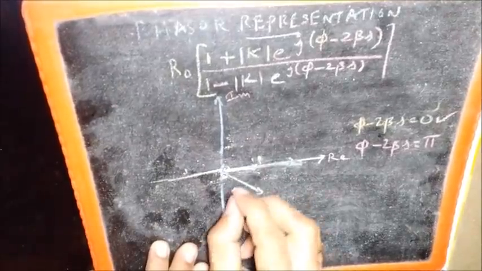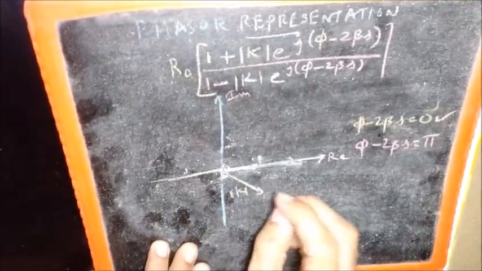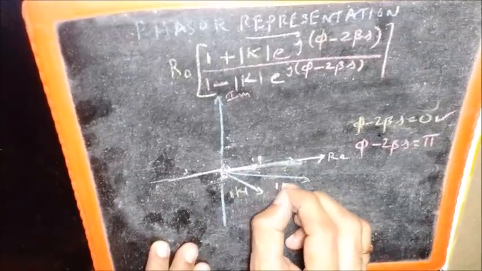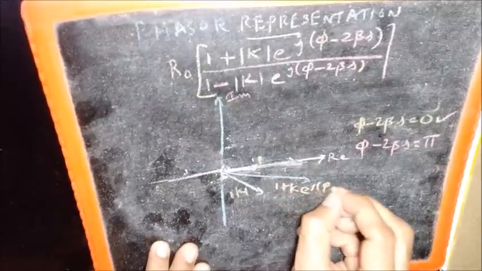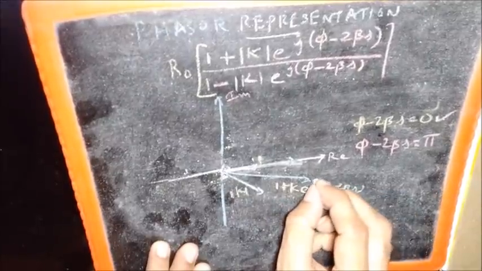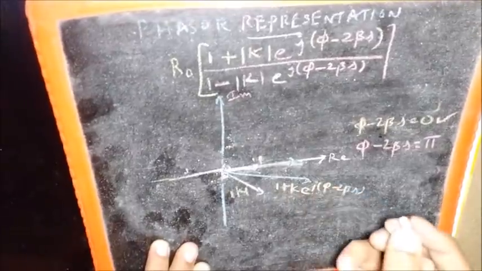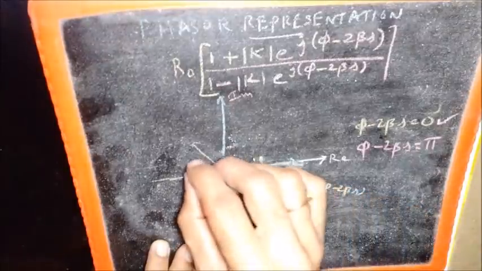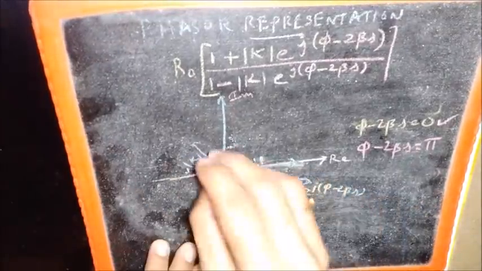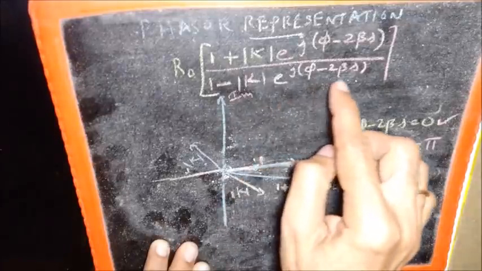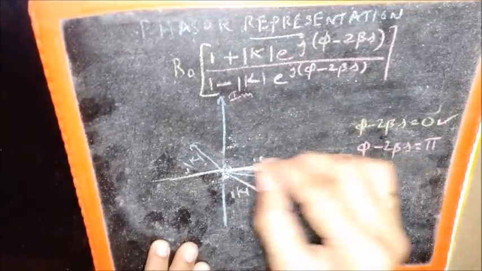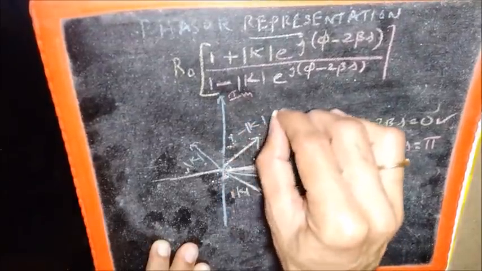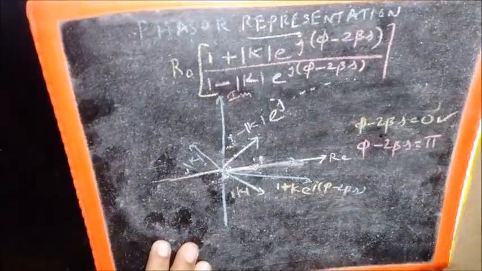This was k, and this was phi minus 2 beta s. The numerator was this, and this was minus k. Minus k in the sense minus k e raised to j phi minus 2 beta s, and the denominator was this, e raised to j, that angle.